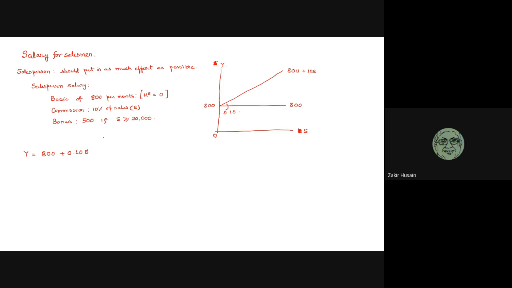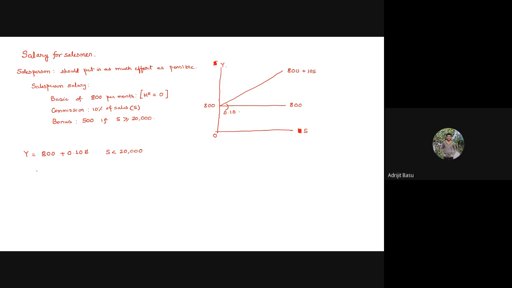See, if the sales is less than 20,000, you're going to still have the old function, right?